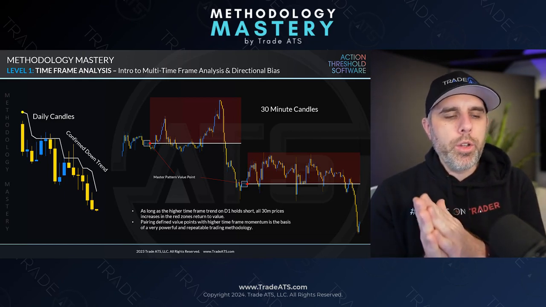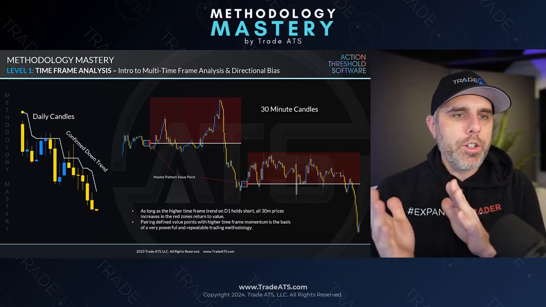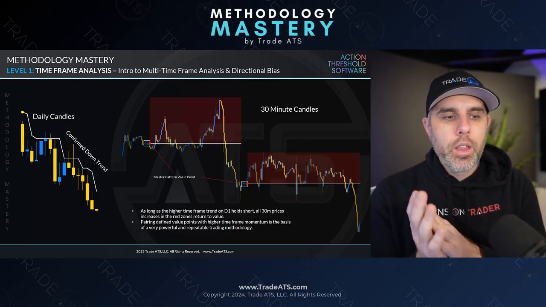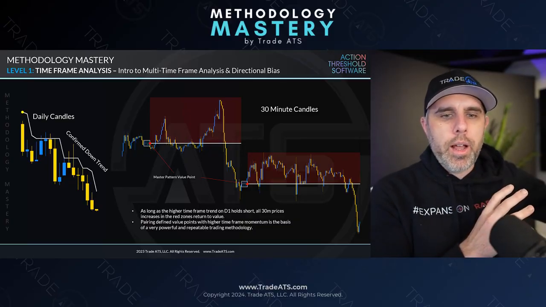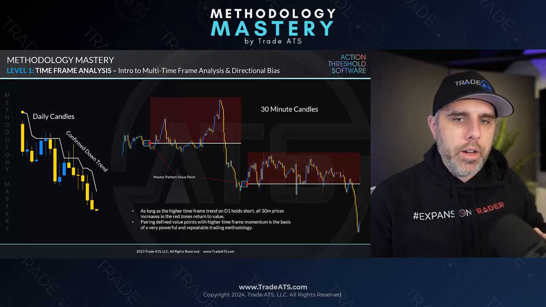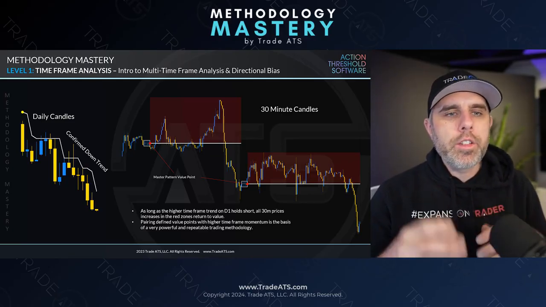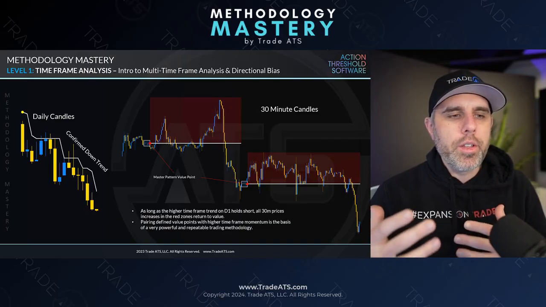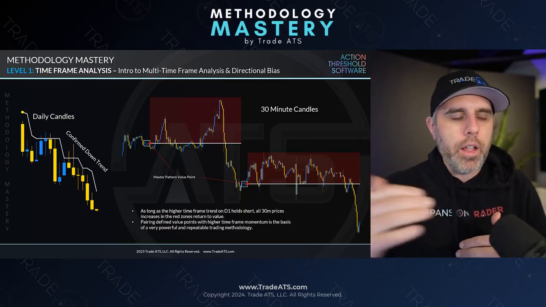When you pair that with the master pattern framework, we have established market value, as shown in our example right here. The traders that are not paying attention to the directional bias, when we look at just the 30-minute time frame, are breakout traders that are selling below value and buying above value.